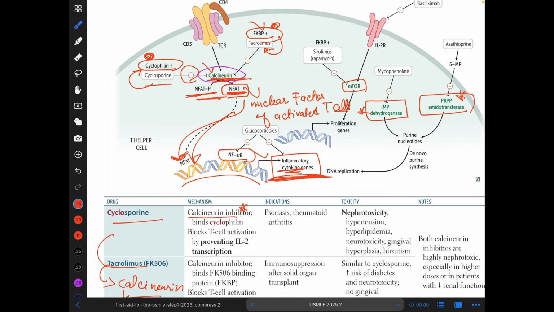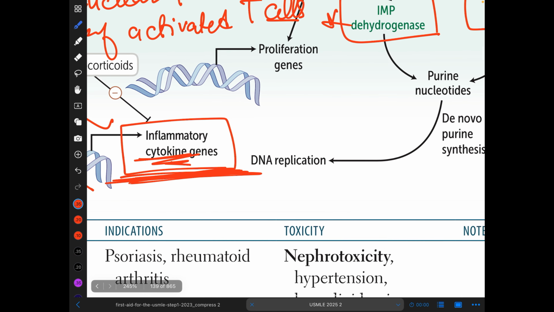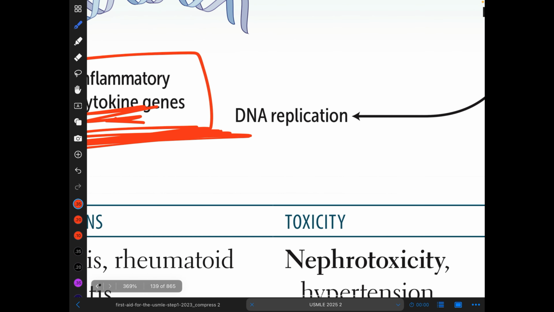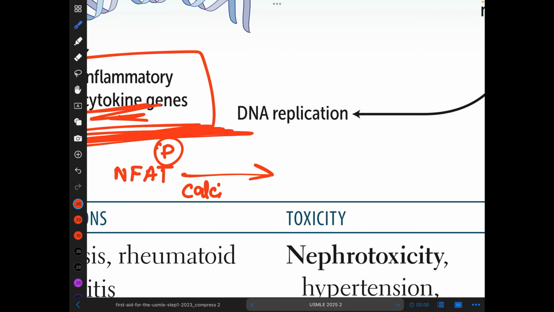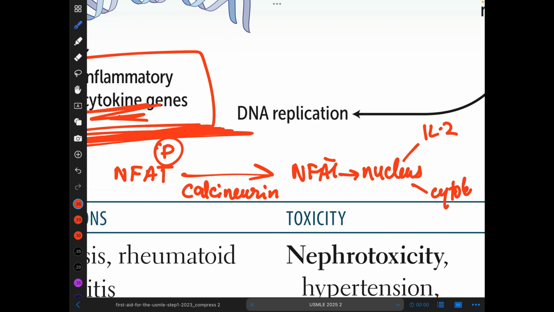Again, I will make a simple diagram here. What is going to happen? The NFAT has a phosphate group, and after the process by calcineurin, it is converted into active NFAT, and this NFAT goes to the nucleus and forms interleukin-2 and other cytokines.